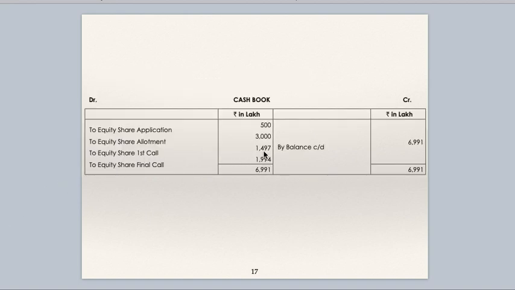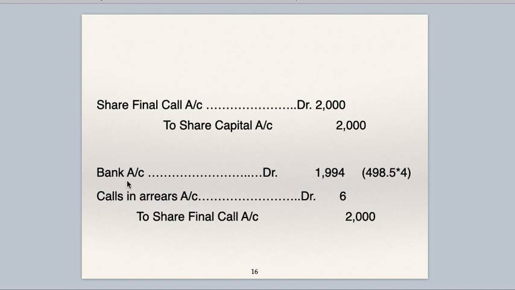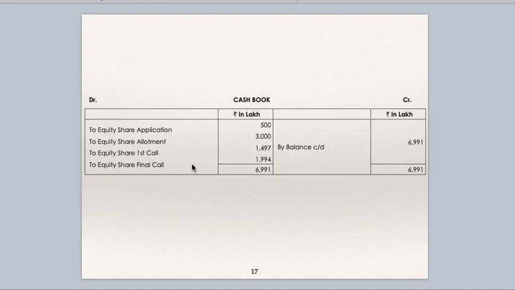Bank to final call 1,994. Take the total of this; balance carried down is the total of the debit side by balance carried down. That is how the cash book is to be prepared. Just pick cash transactions and record them in the cash book.